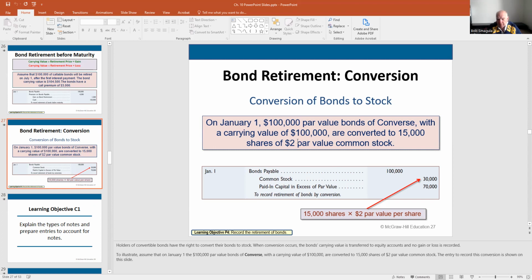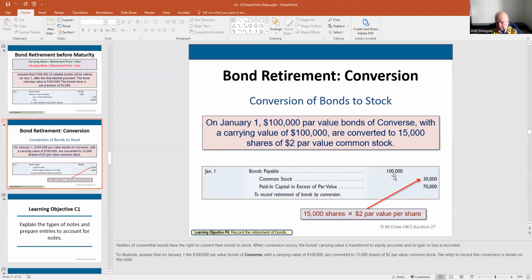So the deal is you're going to buy 15,000 shares of $2 par value common stock. Par value, the only thing you do with the par value is use it to multiply the outstanding shares. So in this case, 15,000 shares times $2 equals $30,000.